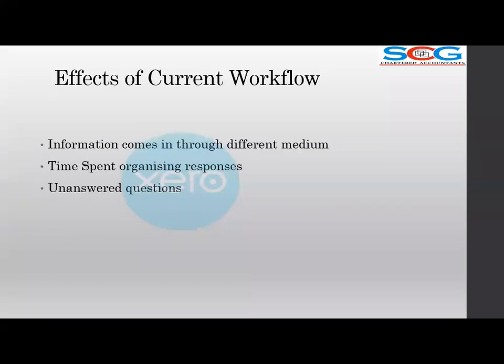So the information that you send to us comes through different mediums, either through email or through phone calls, and then we spend quite some time organizing all these responses. Sometimes also we miss out on some of the responses that have been provided to the questions that we have asked. And so what are we doing about this current issue?